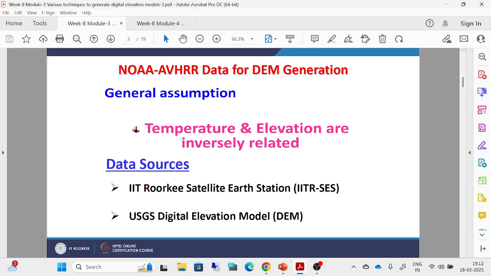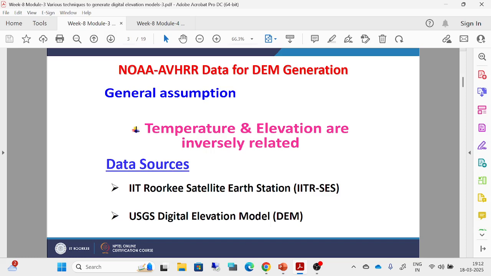I don't think I can draw it here, there will be some problem because last time also I tried. Anyway, the basic idea is that the temperature will decrease with elevation.